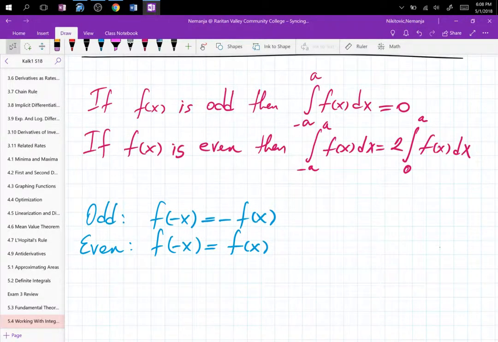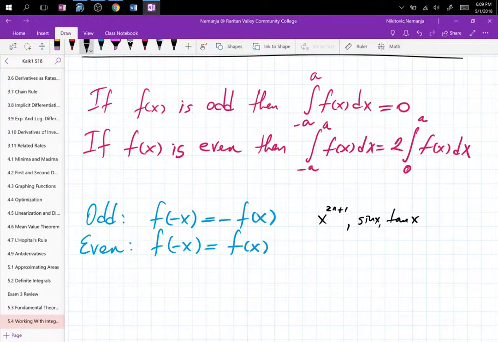What are the odd functions? Odd functions are x to the 2n plus 1. That means all of the polynomials that have only odd exponents: x cubed, x to the 5th, x to the 7th, x to the 9th. Those are odd functions. Also sine x, tangent x.